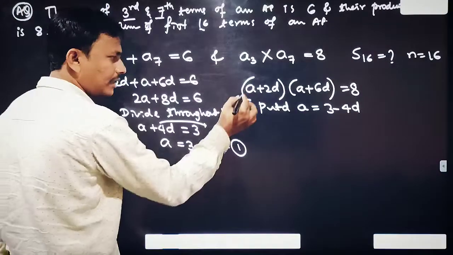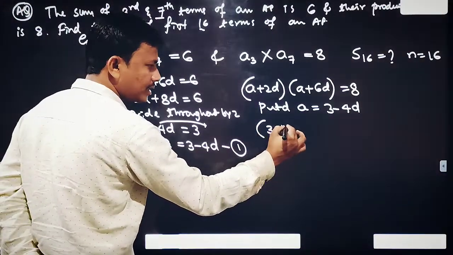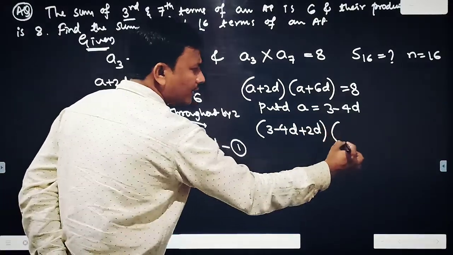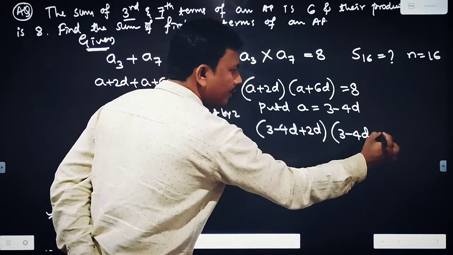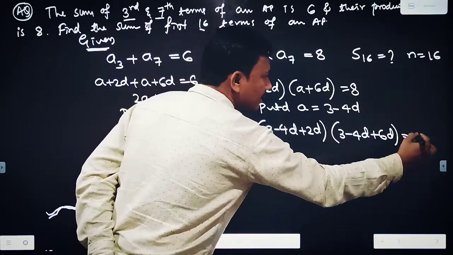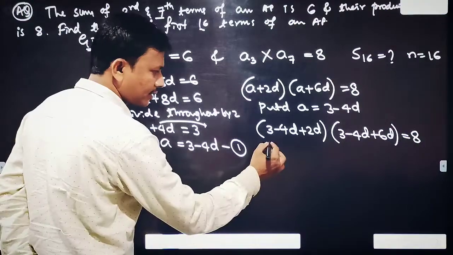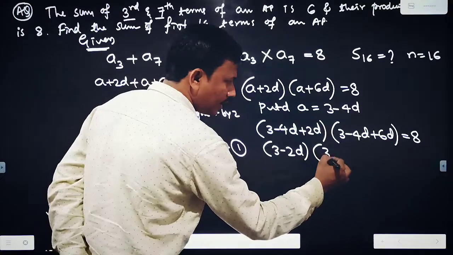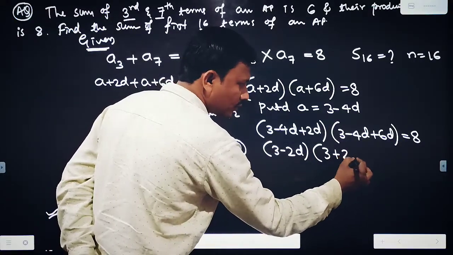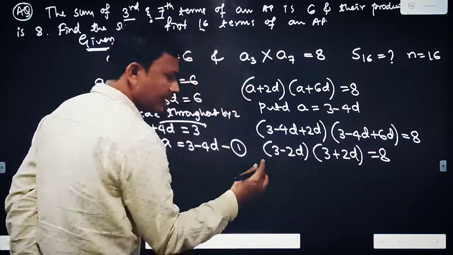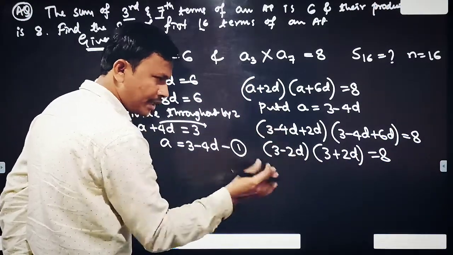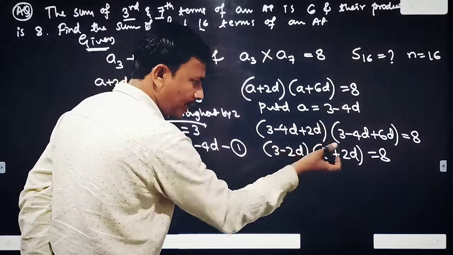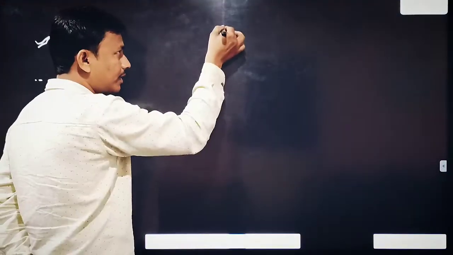Then we get 3 minus 4D plus 2D, and 3 minus 4D plus 6D is equal to 8. That is 3 minus 2D into 3 plus 2D, which is the formula A minus B into A plus B is A square minus B square.